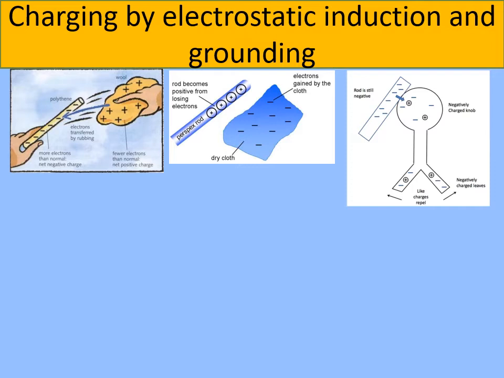So touching causes the actual transfer of electrons from the PVC to the electroscope cap, as opposed to induction, where you would just repel the electrons that are already in the electroscope further down to the bottom. But here we actually get a transfer of electrons from one body to the other.